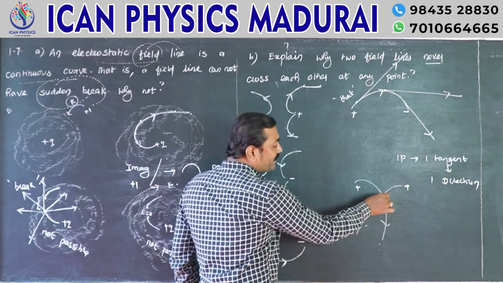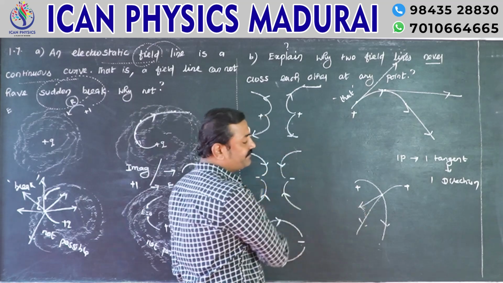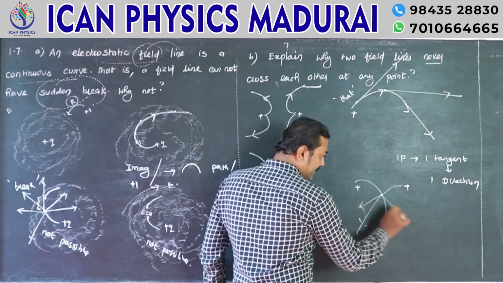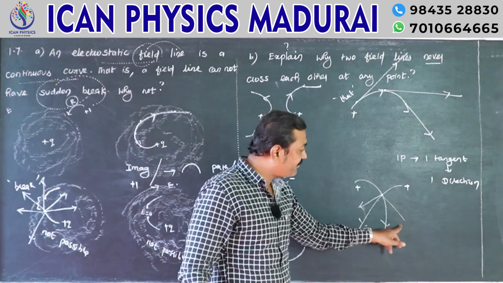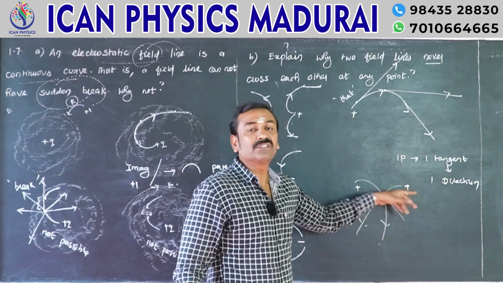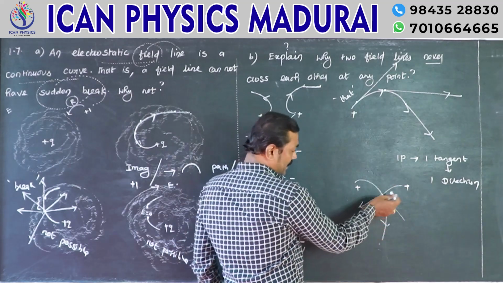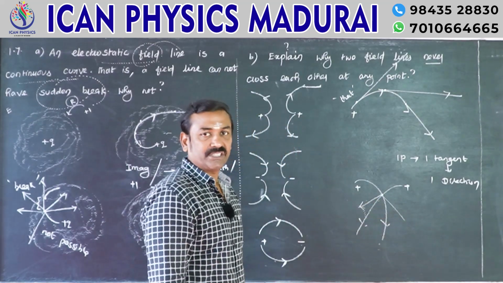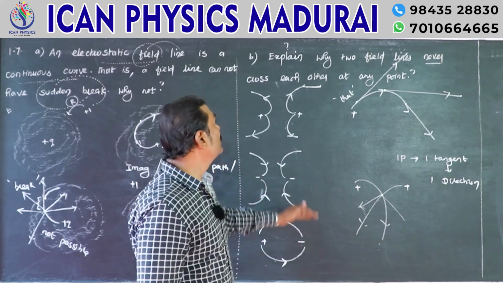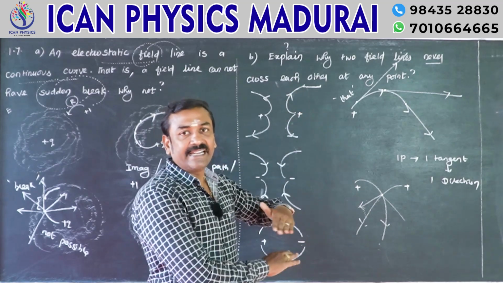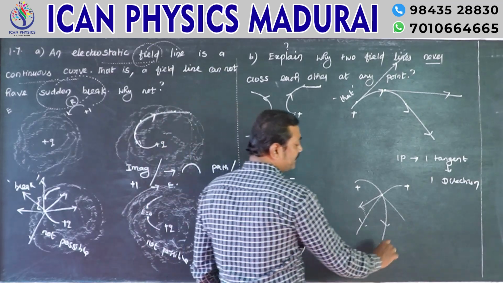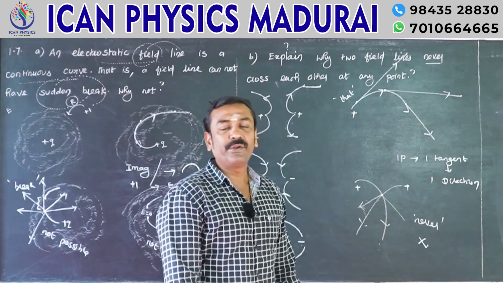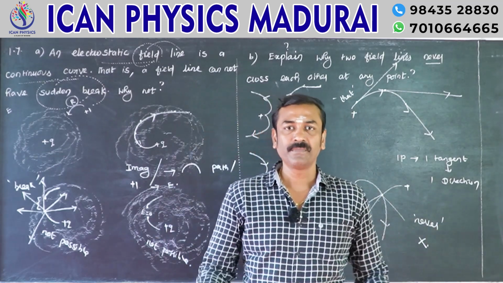It may give the direction for this one, but it does not give it for the other. Suppose I want to give a tangent at this point, it may be given for this one, not for that one. Which is not possible. In other words, at a single point, we cannot draw two tangents. So the electric field lines never intersect each other. Do you get it now? Do you have any doubts? No doubts.